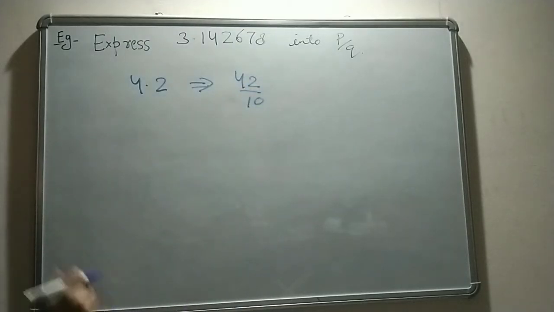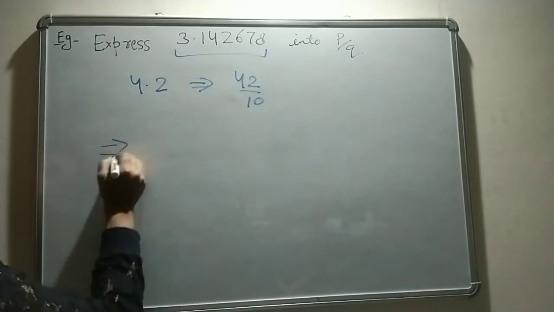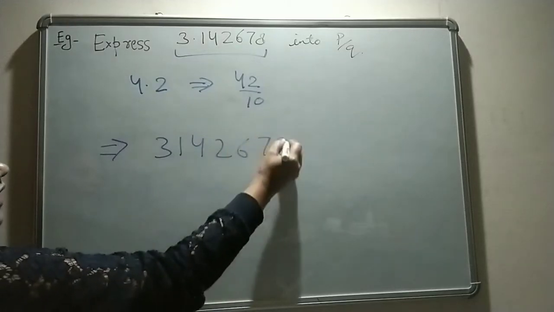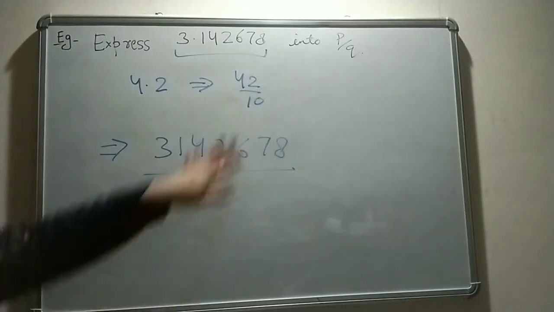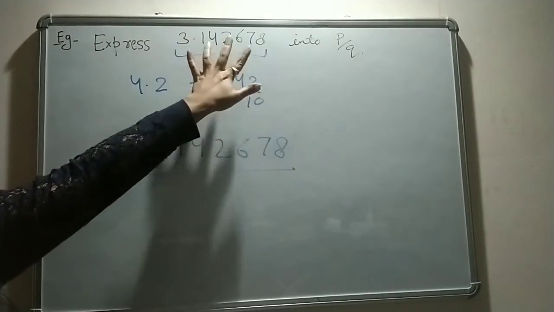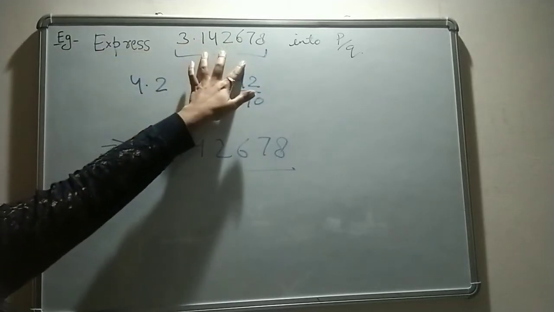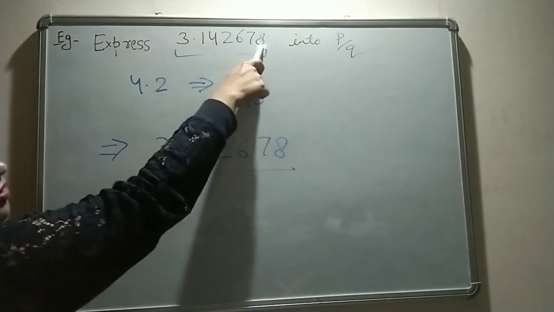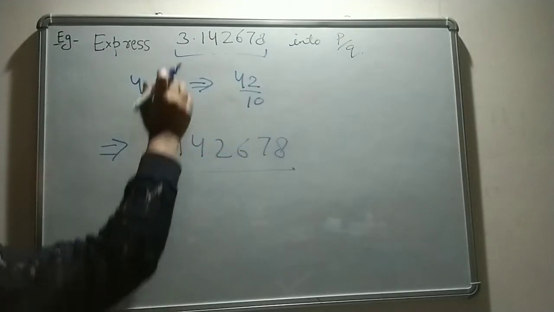In the same way, we can convert 3.14268 into p upon q. This is a terminating number, while the earlier example was a non-terminating number, which needed that other process. Here it's a terminating number, so we can easily convert it by dividing by 10 to the power of the number of digits after the decimal.